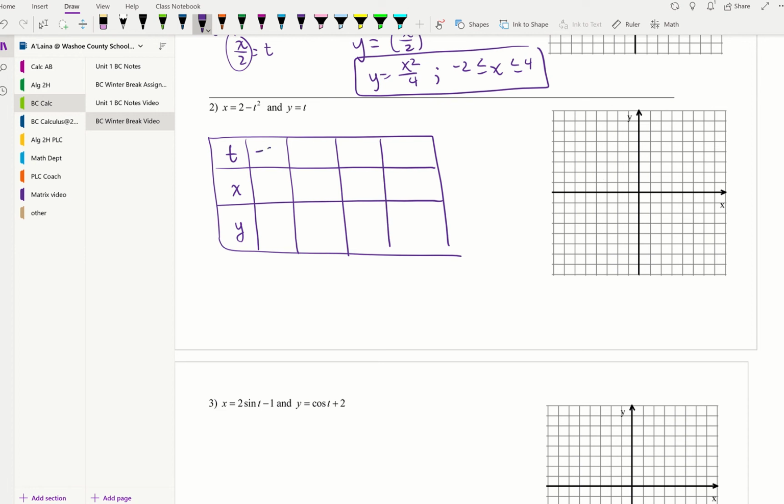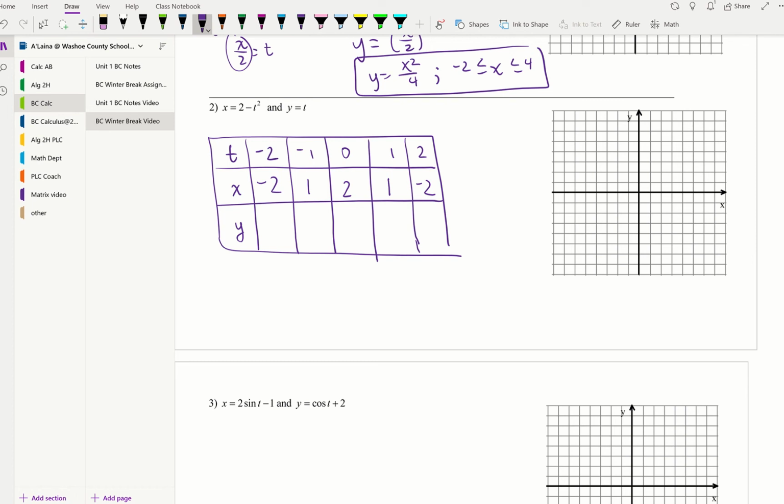So I'm going to pick a couple negative, maybe I'll squeeze in another column here. The old standby that you probably learned in Algebra 1 of -2 up through 2, and I'll just pick those integers.